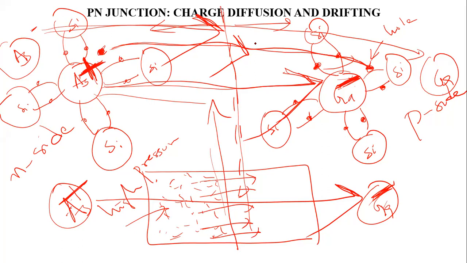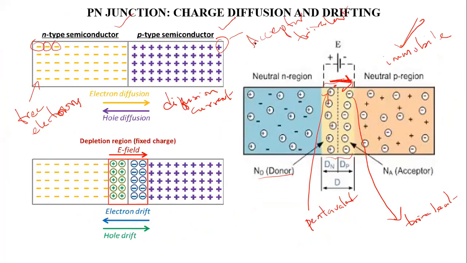So that is called the equilibrium state of a p-n junction. An equilibrium will be attained in which you have a specific region where the donor atoms donate their free electrons to the acceptor atoms on the p side.